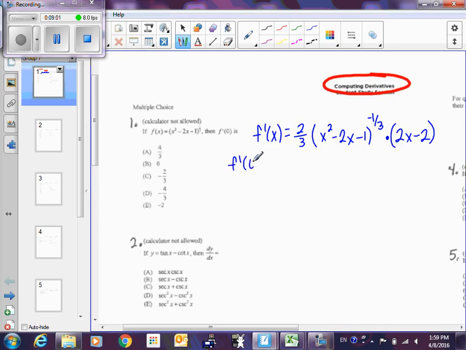Okay, let's do f prime of 0 now. Nice thing about 0 is it just gets rid of all the x's. So I'm not even going to write 0 squared or anything. I'm just going to write -1. Same thing here. I'm just going to write -2 because plugging 0 in for x, that's what that would do. And if you look at your answer choices, I do need to simplify.